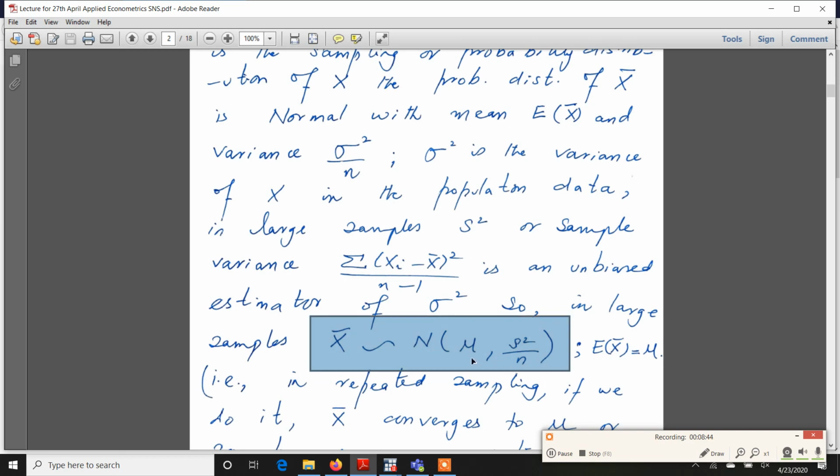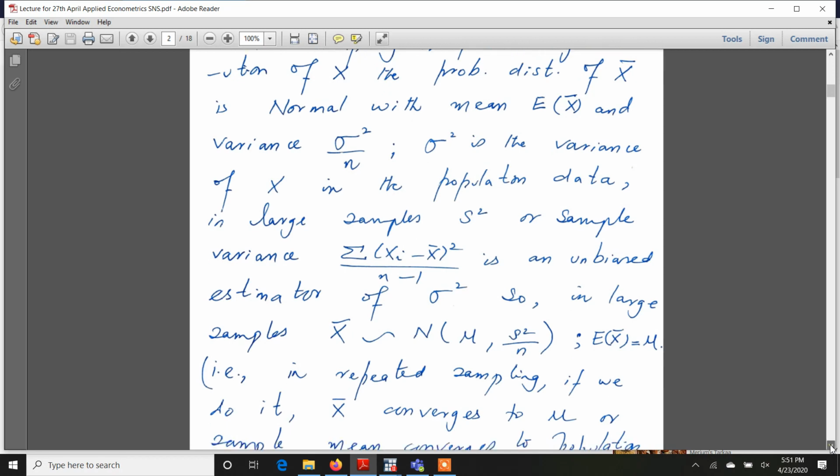This mu is simply the population mean, which is equal to the expected value of x bar. If you don't have the actual population mean, and you take the average of all averages, you will find the value of mu. So x bar follows a normal distribution with mean mu and variance s square over n, right?